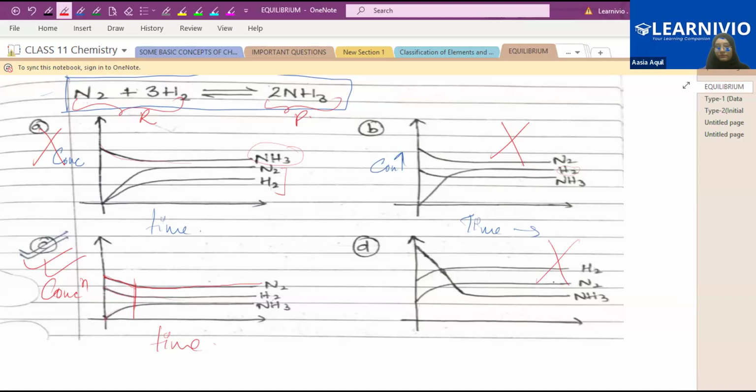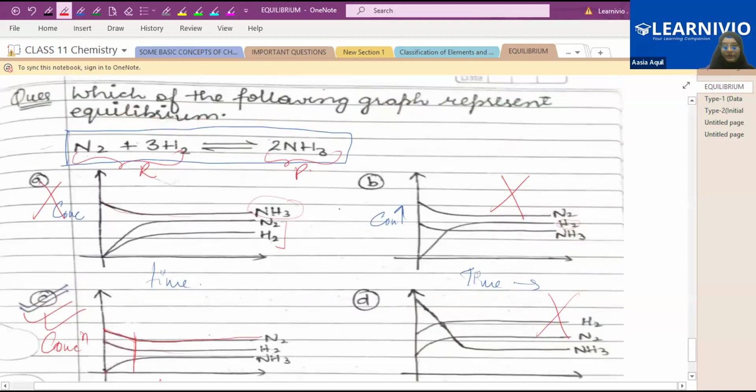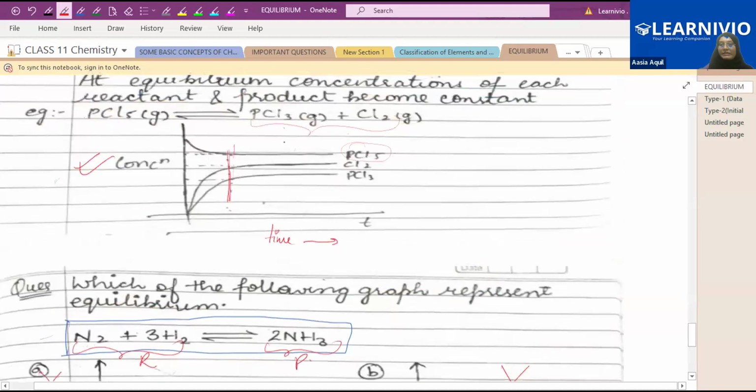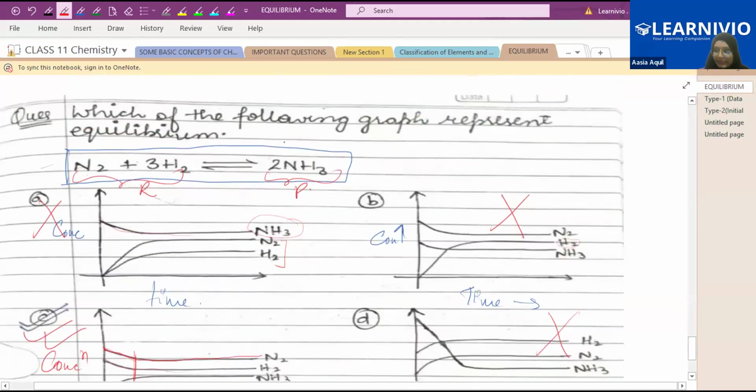Yes, ma'am. Okay, now you guys will not make the same mistake. This is the ideal graph. Just remember for the reactant, the concentration will decrease, and for the product, it will increase. And after some time, it will become constant. So you can say that this reaction is now in equilibrium.